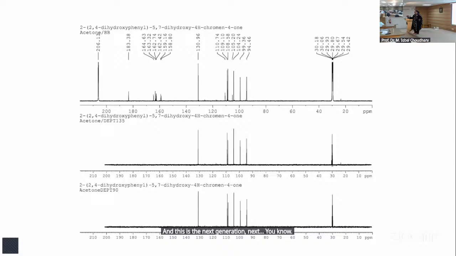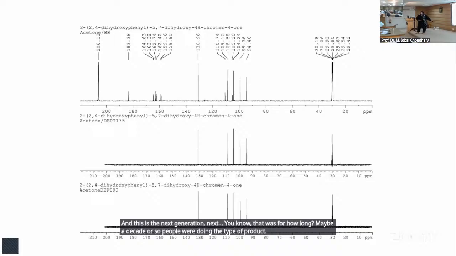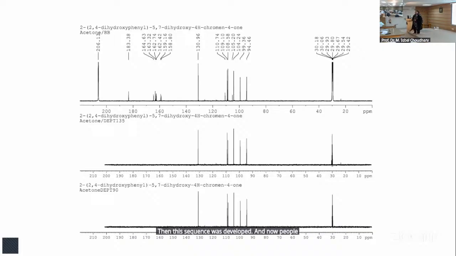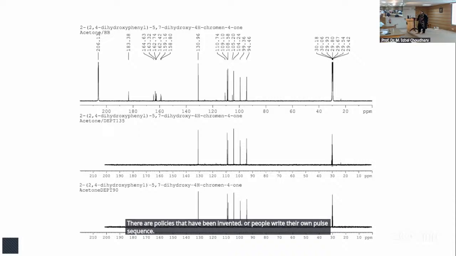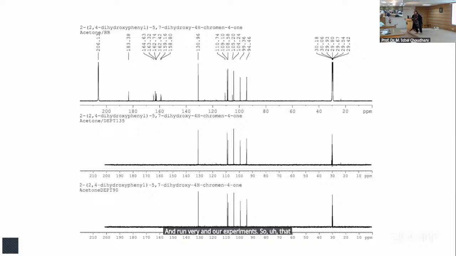For maybe a decade or so, people were doing the attached proton test. Then this sequence was developed, and now people mostly report DEPT as it's more sensitive because of polarization transfer and other things. Pulse sequences have been invented, or people write their own pulse sequences and run their NMR experiments. So this is the same information, but it's the next generation, advanced and more sensitive.